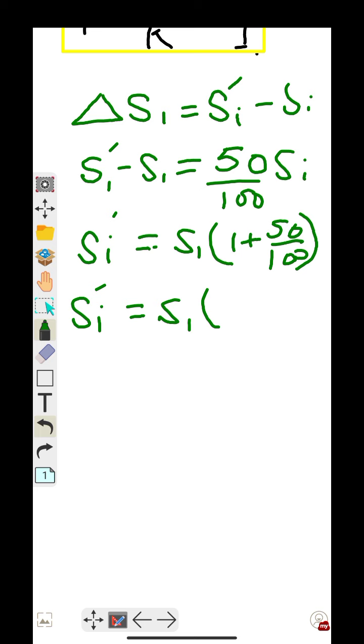So the new current sensitivity will be 3 by 2 of its previous sensitivity.